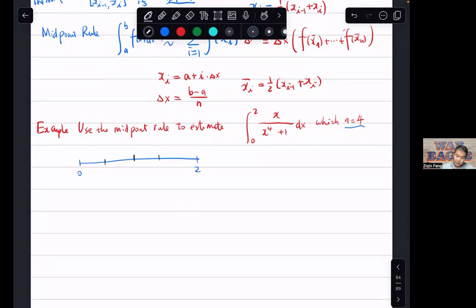You get x0, x1, x2, x3, x4. x1 is 2 over 4, x2 is 4 over 4, x3 is 6 over 4, and x4 is 8 over 4.